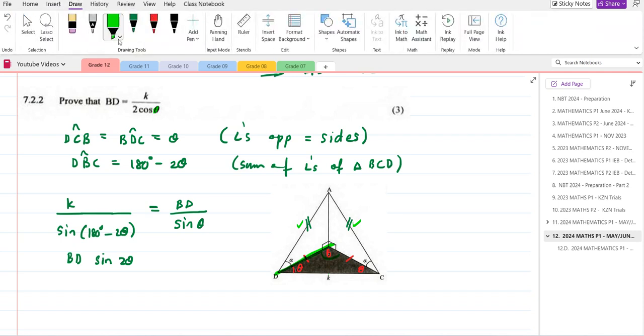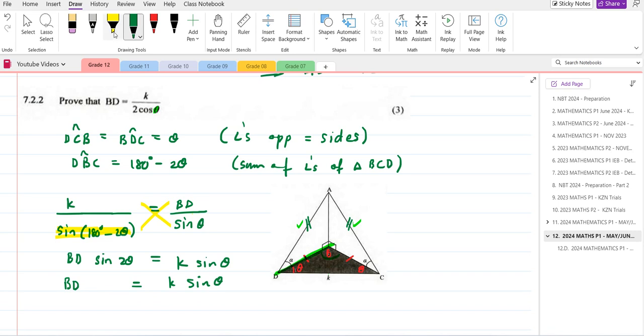Remember, I'm cross multiplying and I'm simplifying. And this is K sine theta. Now we can solve the problem, because we got BD sine 2 theta equals K sine theta.